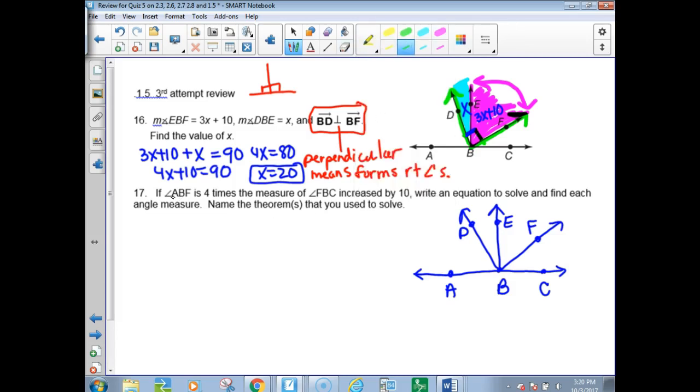So why I did that is because I want to look at where angle ABF is. Do I need to wait a second while you copy that? I think it would be helpful for you to have the picture for studying.